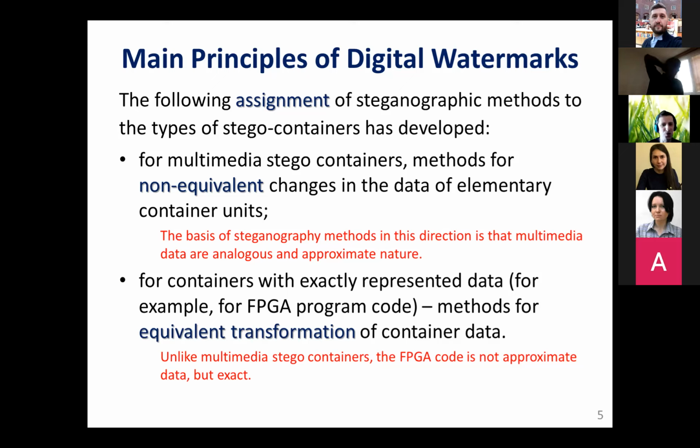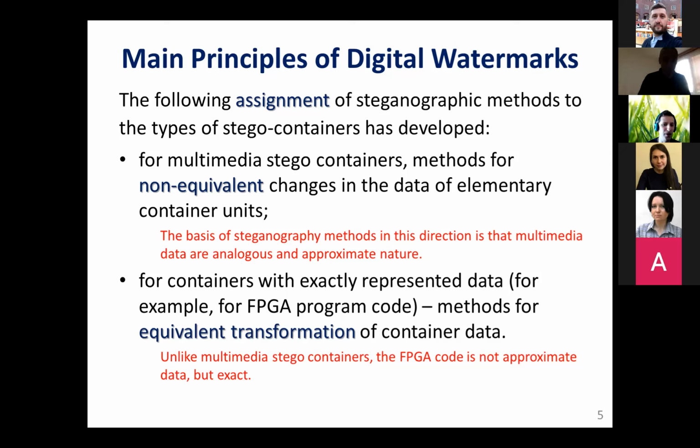The base of the steganography method in this direction is that multimedia data are analogous and approximate, natural. For containers with exactly represented data, for example, FPGA program code, we use methods for equivalent transformation of container data.